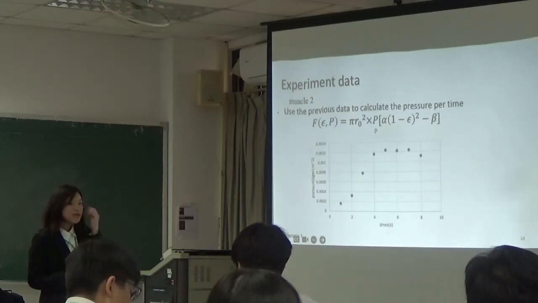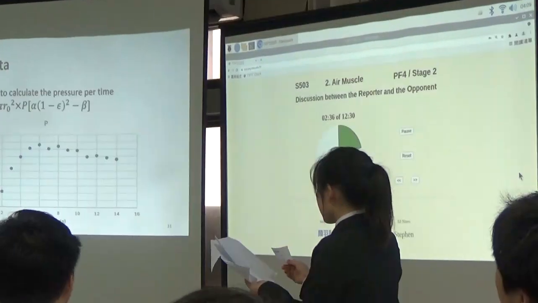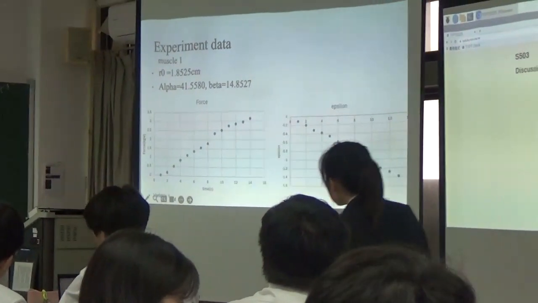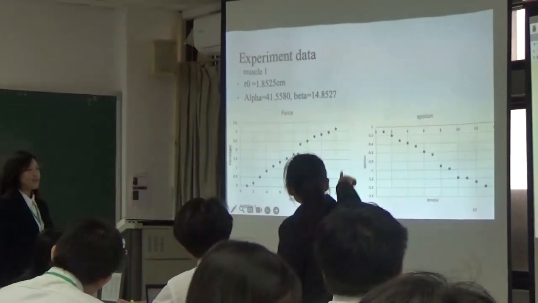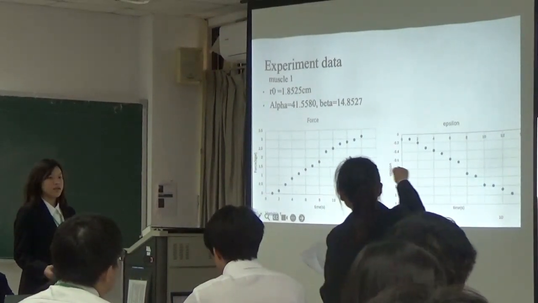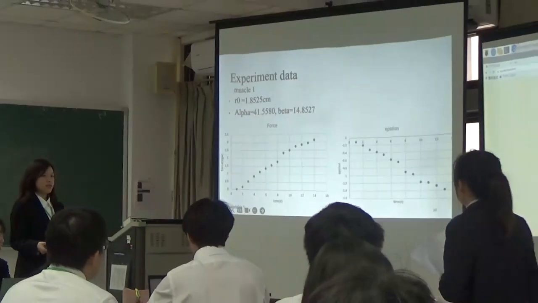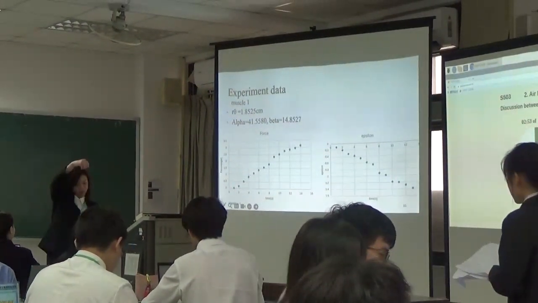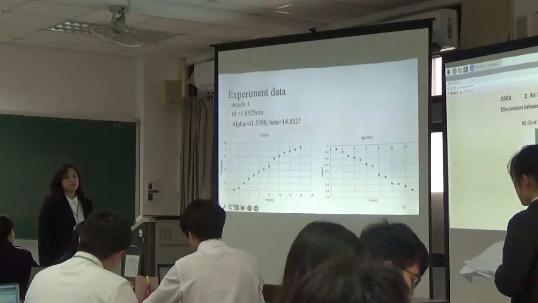Okay, turn to page 10. Why is that negative? Because when the net expands, the muscle from the vertical side will shrink.